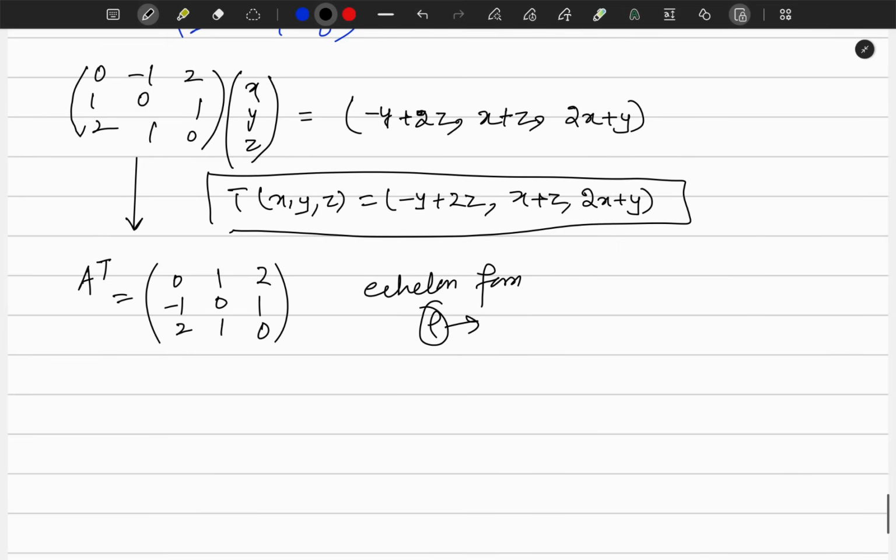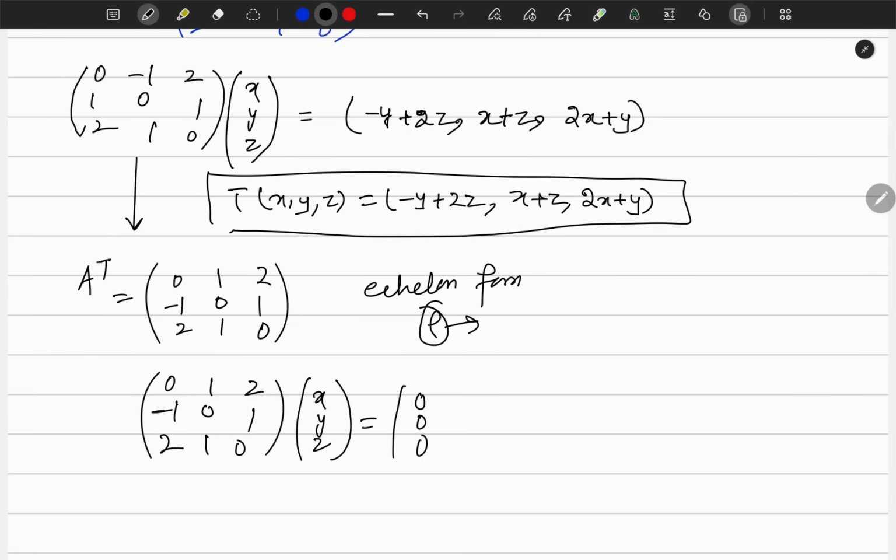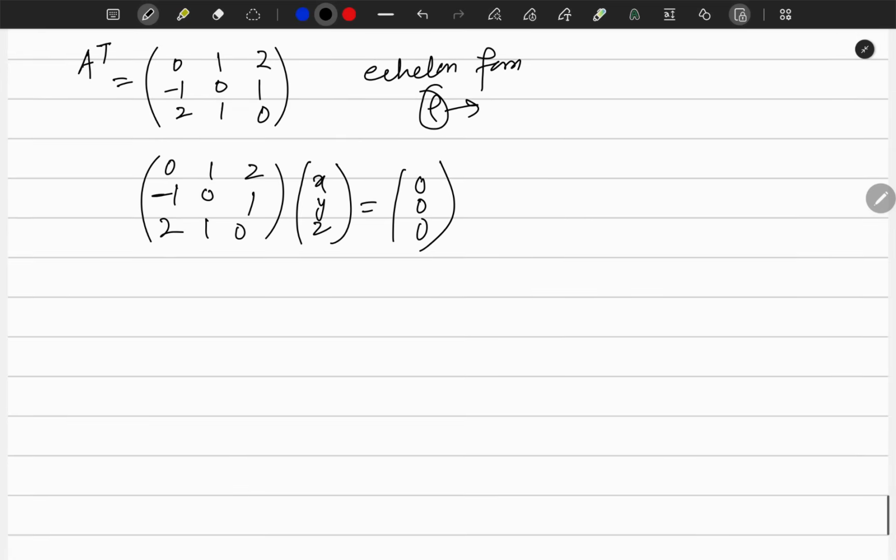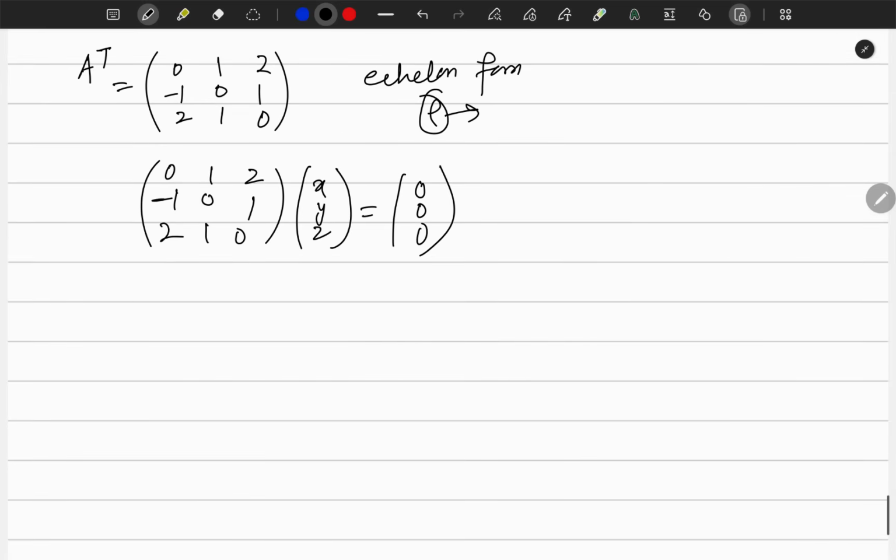Or if you took the transpose, find its rank, that will be the rank of the range space, and then multiply the matrix with x y z, equate it to 0 0 0, find the value of x y z, and check the free parameters. How many variables are required to make the nullity, that will be the nullity.